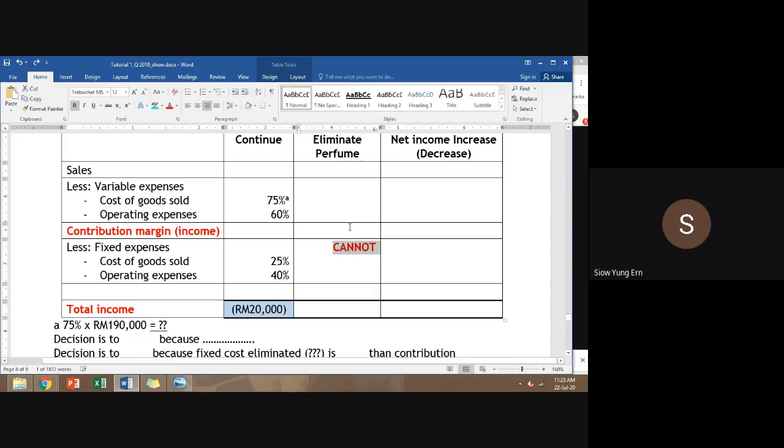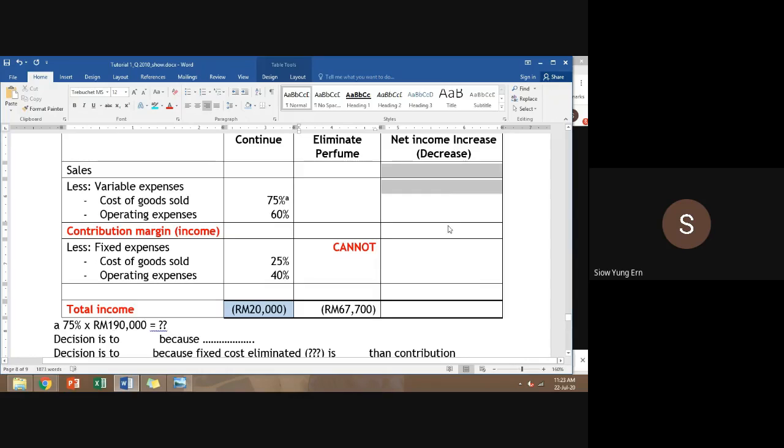Okay, so you calculate, and then you should get your total income. What do you get? Total income. Correct, negative 67,700.